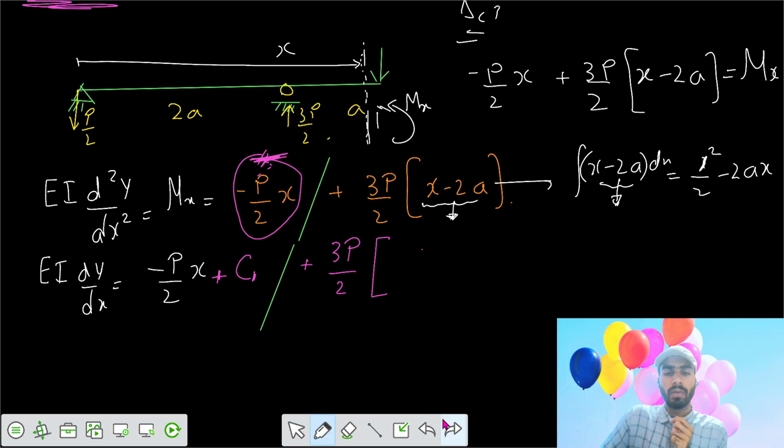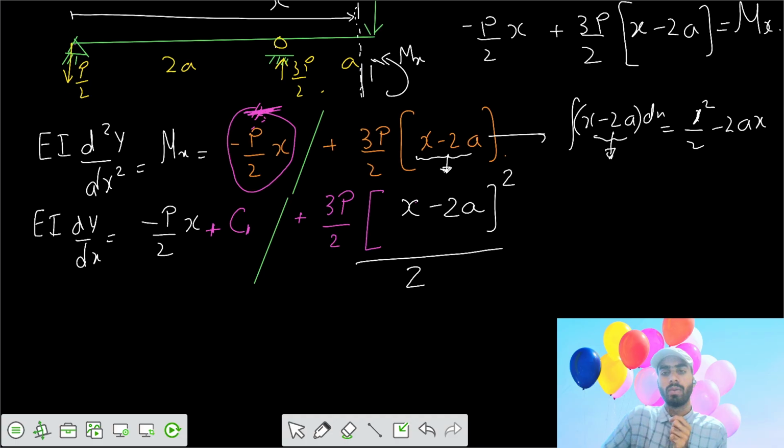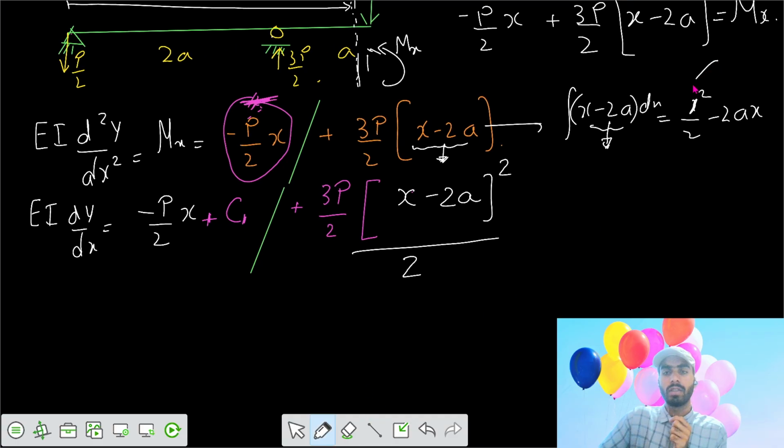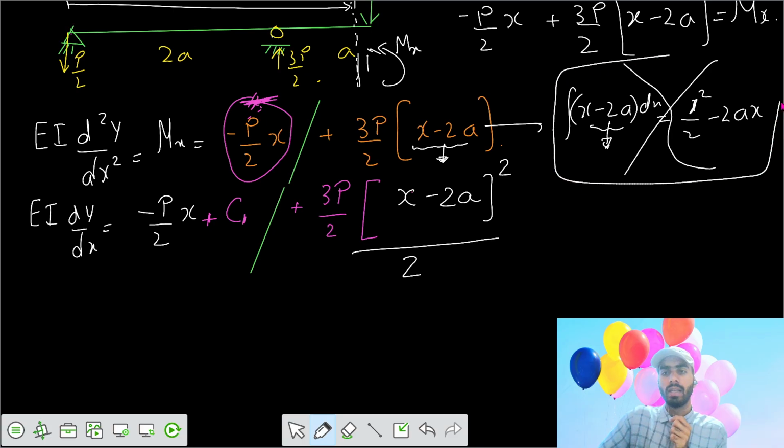When we integrate it, the correct way is to keep it as a whole function of x. So after integrating it, we get x minus 2a whole square divided by 2. It's not the other way. You have to write it side by side. This is not correct here.